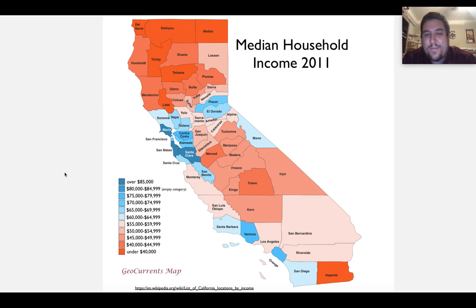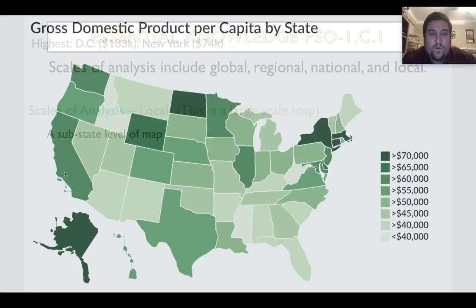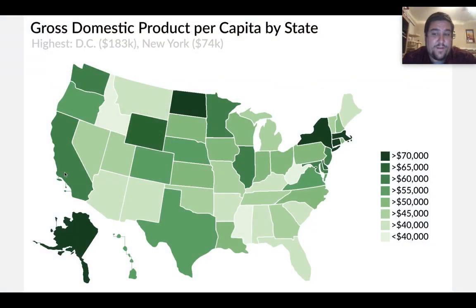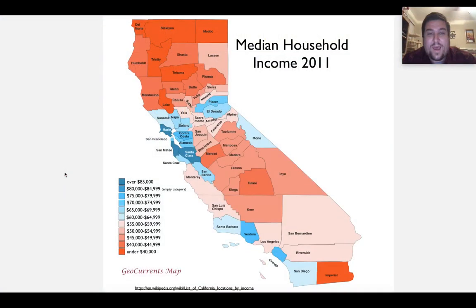Not exactly the same comparison, but we can get pretty close. So we saw before that California was 55 to 60. Then we start looking at California and we see that we have some counties, dark red, Imperial, and up in Northern California that are under 40,000. So by changing scale, we're getting a better representation, but it doesn't make any other data inaccurate. And I hope that makes sense.